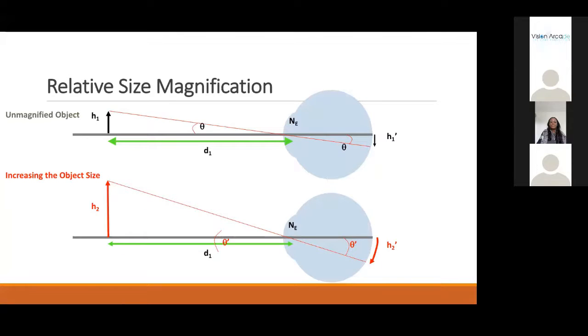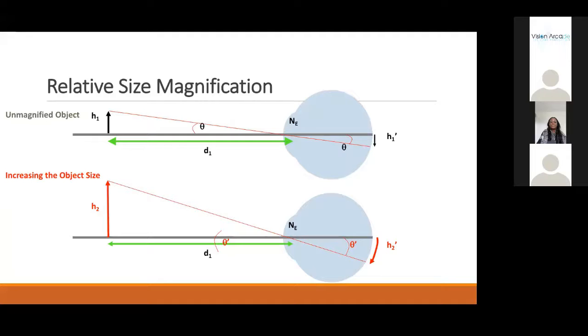Looking at relative size magnification, this is concerned with making the object bigger. For example, getting a bigger TV screen, or using a larger print book, or increasing the font size on the PowerPoint presentation, or guiding the patient to use a tablet instead of a smartphone, which is easier to do nowadays with the advancement in technology.